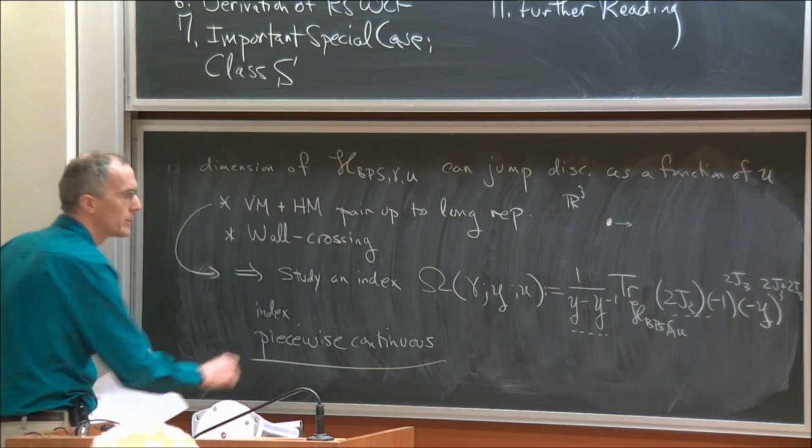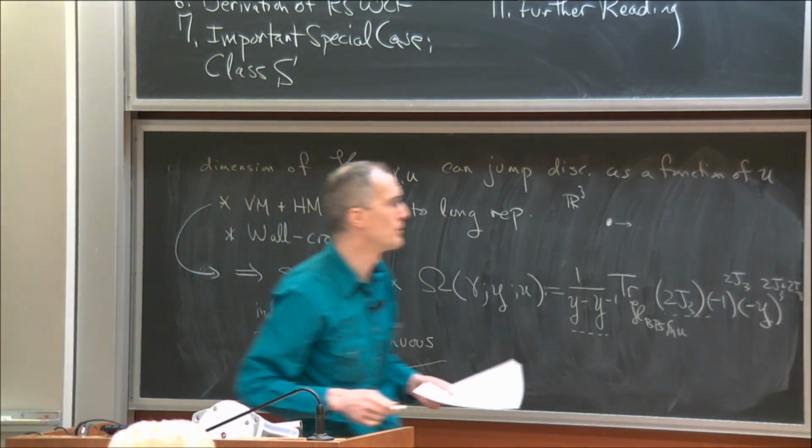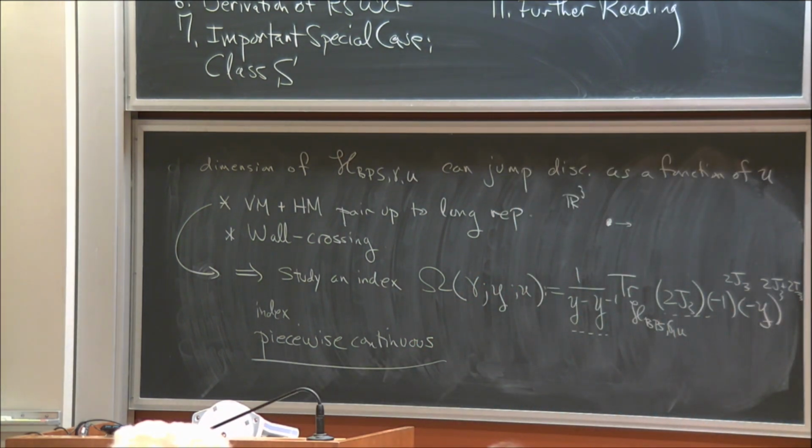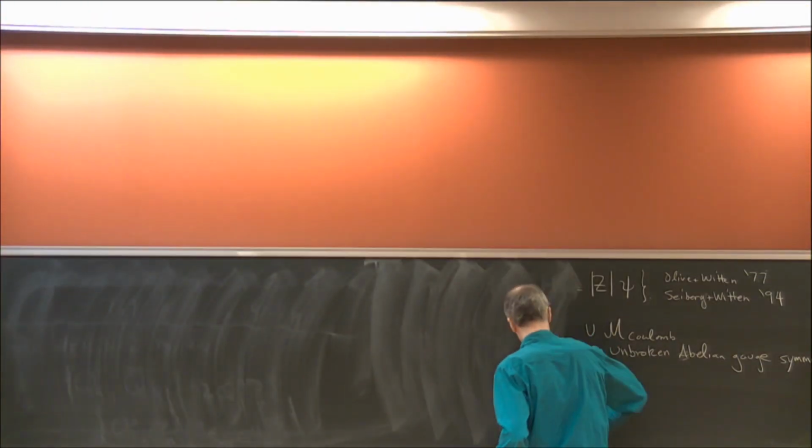Okay, it's basically an integer quantity. It's a character of some representation, so that's a rigid thing. So it should be constant, but it's only piecewise constant. That's Wallcrossing.